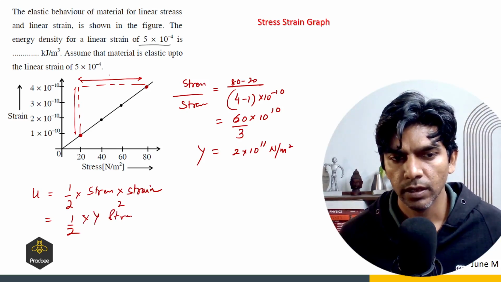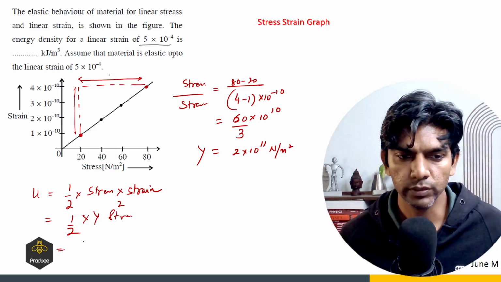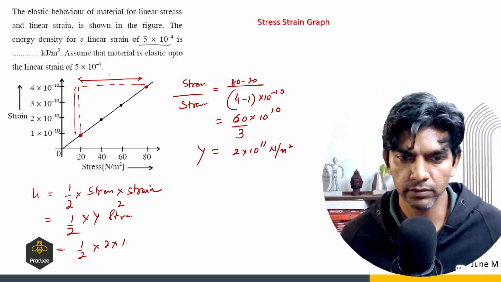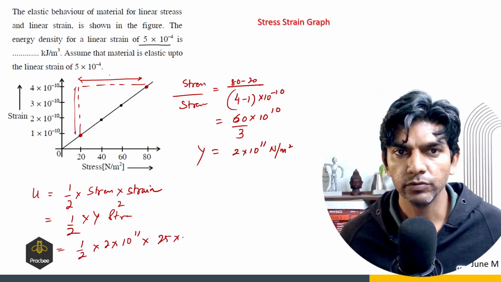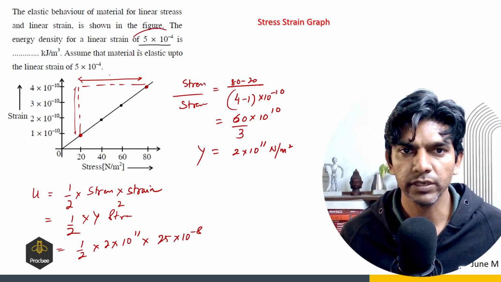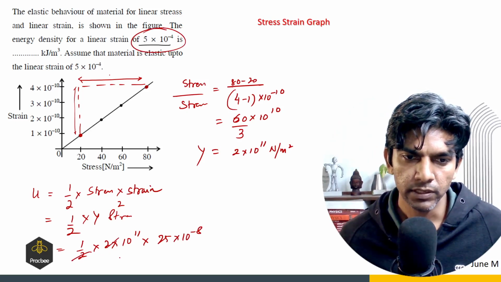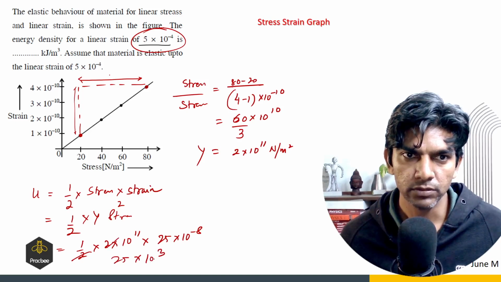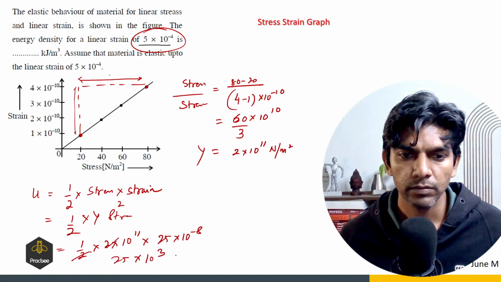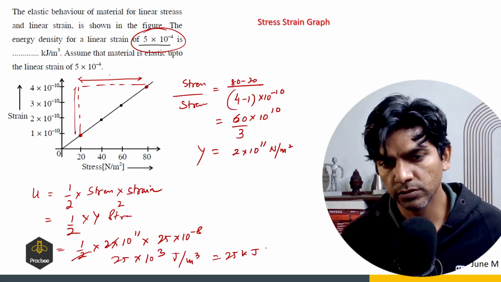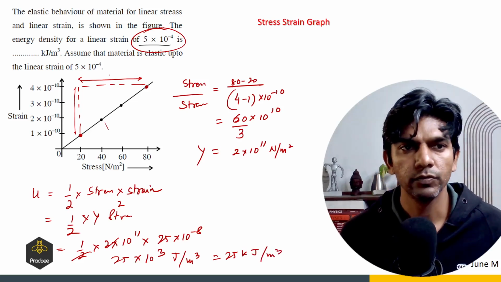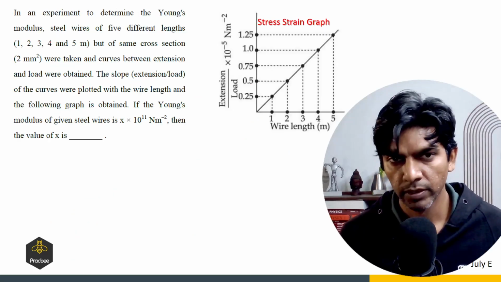So we got half into Young's modulus times strain square, so half times 2 into 10 raised to power 11, and the square of the strain 25 into 10 raised to power minus 8, because strain is given to us. So this will give us 25 into 10 raised to power 3 joules per meter cube, which is 25 kilojoules per meter cube. So 25 is the answer of this question.